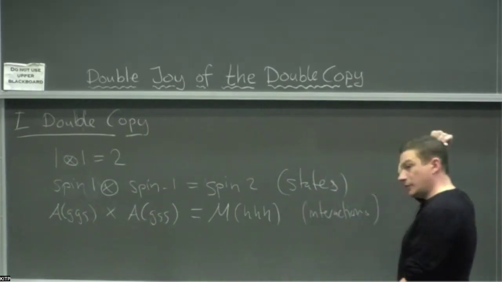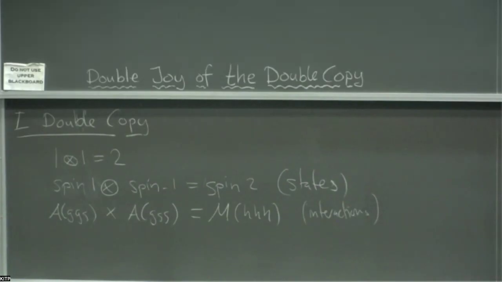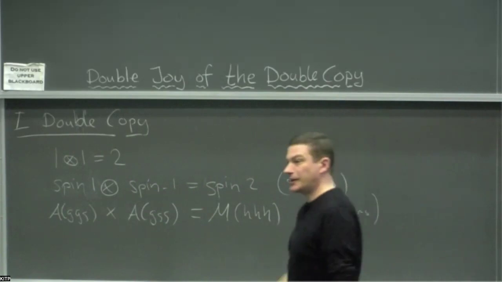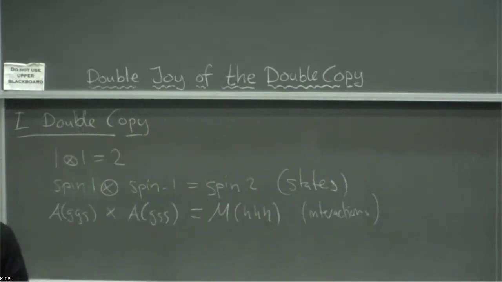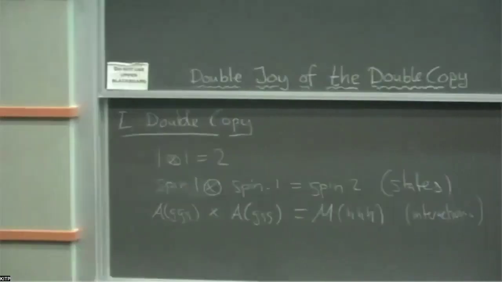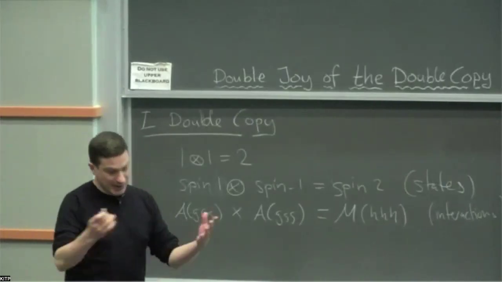And then you can take it one step further. This is just the simplest interaction, so maybe it's just an accident. You can ask, what if you go further, to more non-trivial processes, amplitudes, whatever?